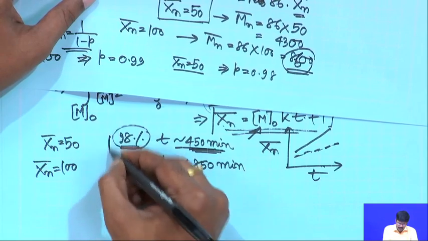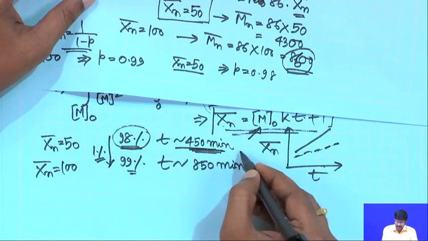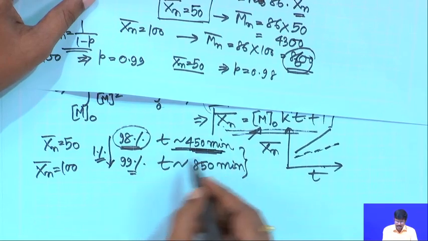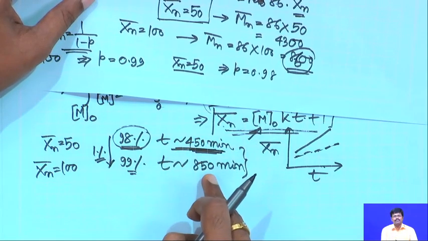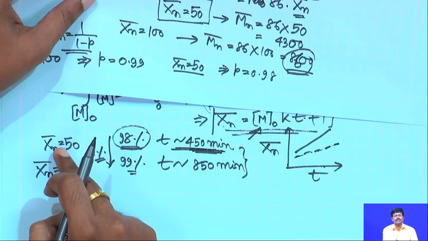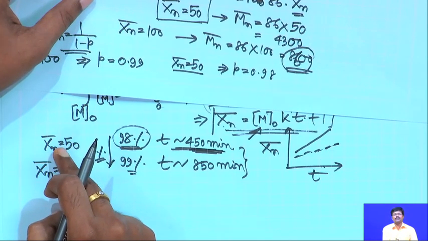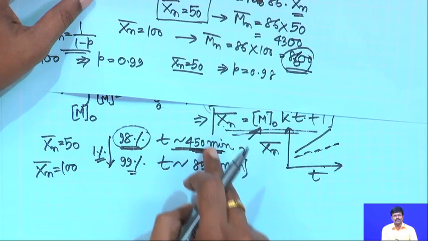So, from 98 to 99%, for this 1% of the reaction, you had to wait double the amount of time that you had to wait for the first 98% of the reaction. You know how difficult it is, but you have to wait for this extra time, because if you stop at 98% you get only 50 degree of polymerization, and your molecular weight is only around 4000. If you want more than 8000, 9000, you have to wait for this double amount of time.